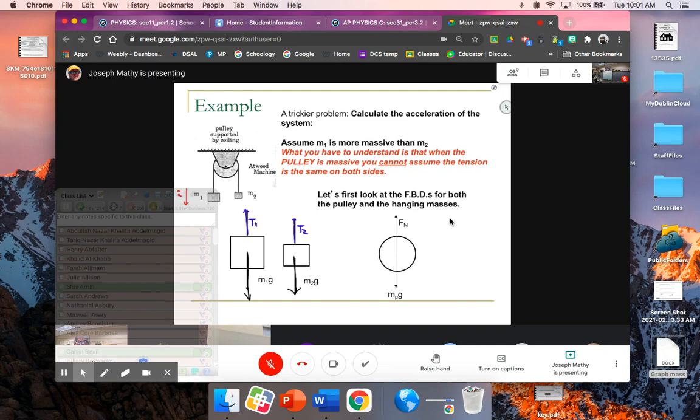Well, let me tell you something. The sum of the forces in the Y here cause acceleration. The sum of the forces in the Y here, they don't cause acceleration.